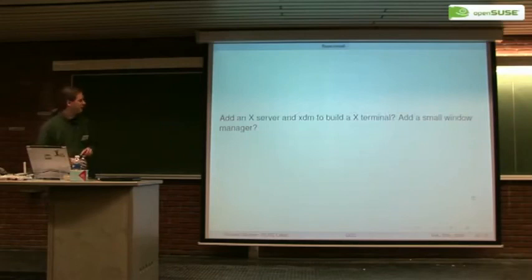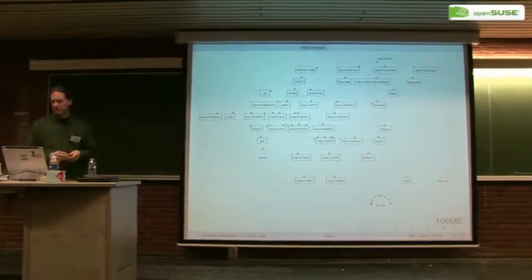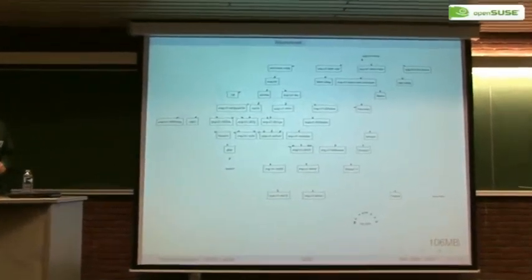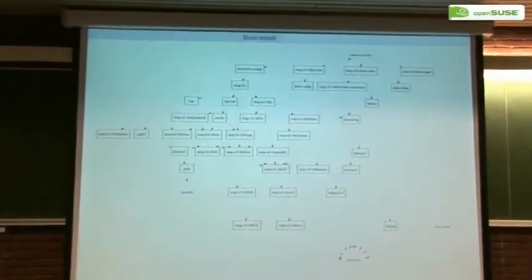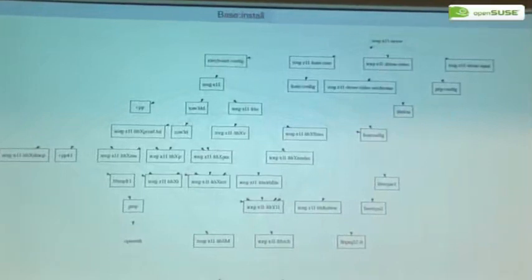Or you can maybe add an X server, so you have an X terminal, or even a small window manager after that. So if you have an X server, where the XVM and Xterm stuff is nicely put in via dependencies if you install the X11 server package, then you get a whole lot of X-related packages.